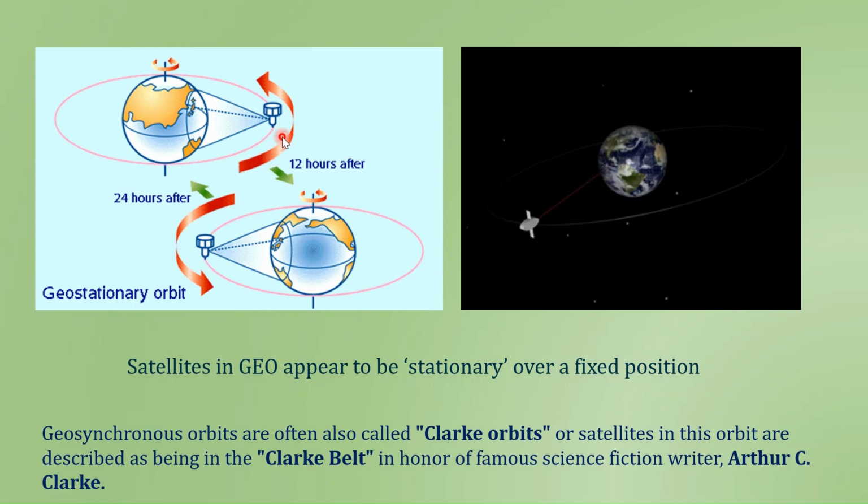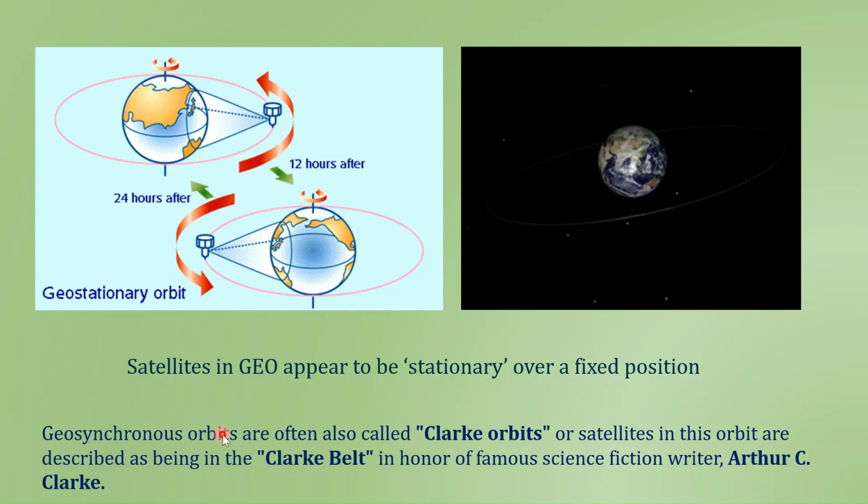The speed of the satellite is synchronized with the rotational speed of the Earth, and this satellite will always cover a particular area on the Earth. So here we can see that this particular portion is always getting covered by the satellite because it is moving at the same speed as the Earth is rotating on its axis.